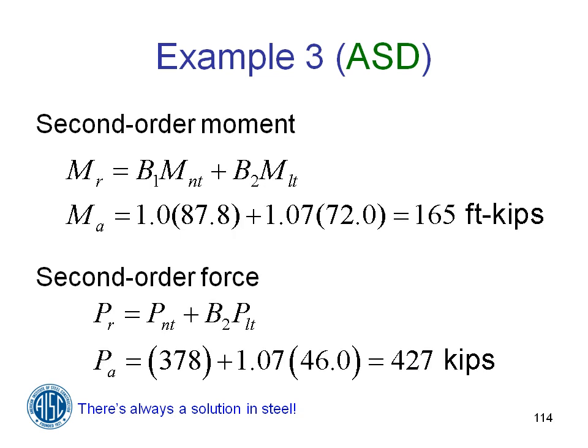B1 was 1, so the no translation moment doesn't get amplified. B2 was 1.07, so the translation moment does get amplified, and we have a required moment now of 165 foot-kips. The no translation load was 378. The lateral translation load was 46, which gets amplified by the same 1.07, so that's now at 427 kips.